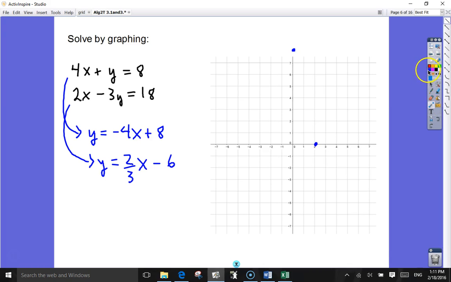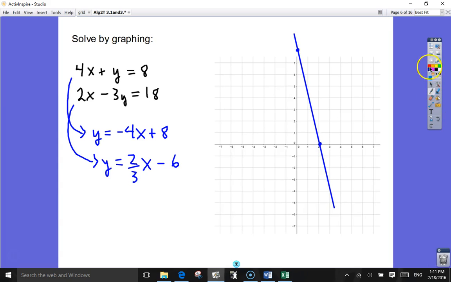So let me do that. See if I can make this look right. That's pretty good. Okay, now let's do the other one.